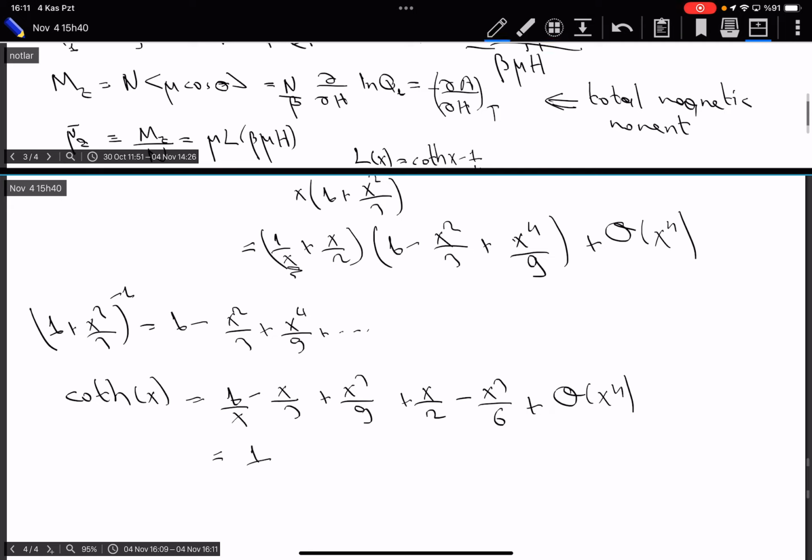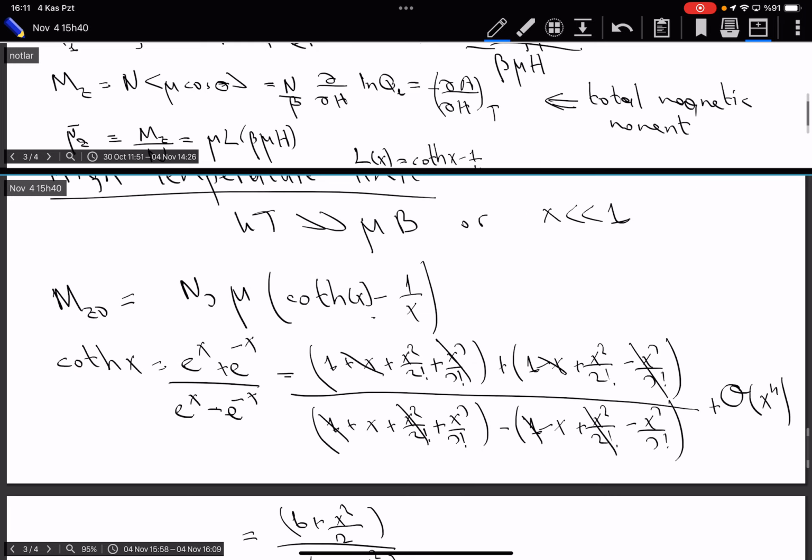So 1 over x plus x over 6 minus x cubed over 18 plus of the order of x to the 4. This is cotangent hyperbolic of x.